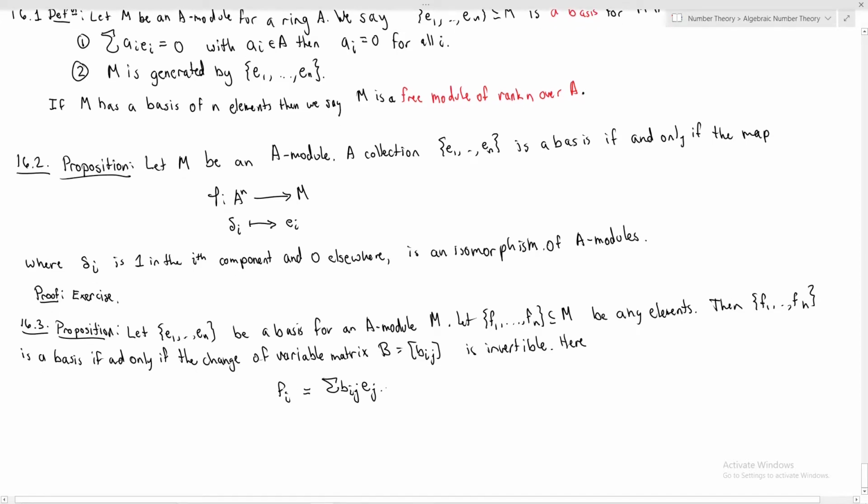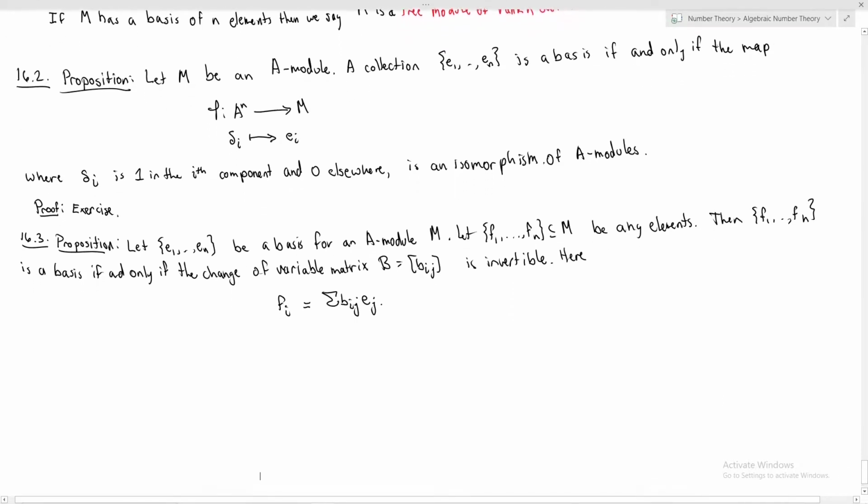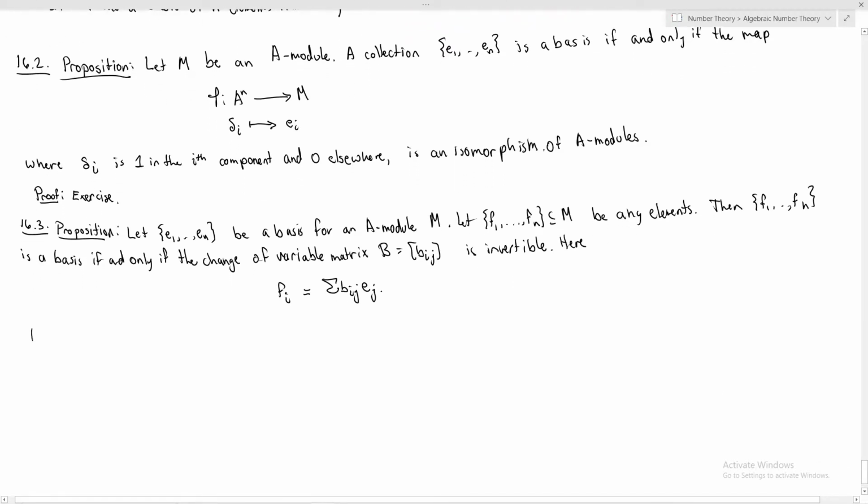And the proof, you can prove this basically using linear algebra, the same technique you would use from linear algebra. It's maybe a more clever proof. Basically we have the following commutative diagram.